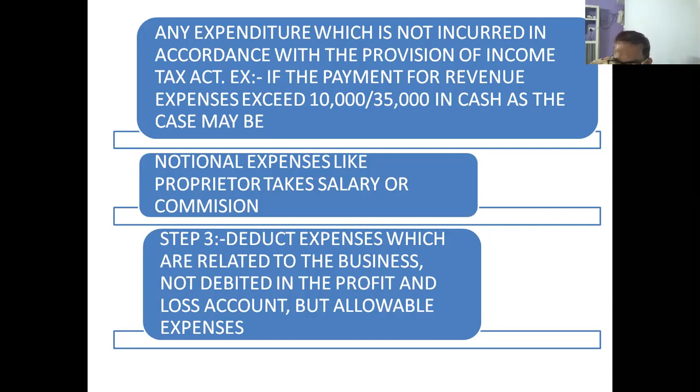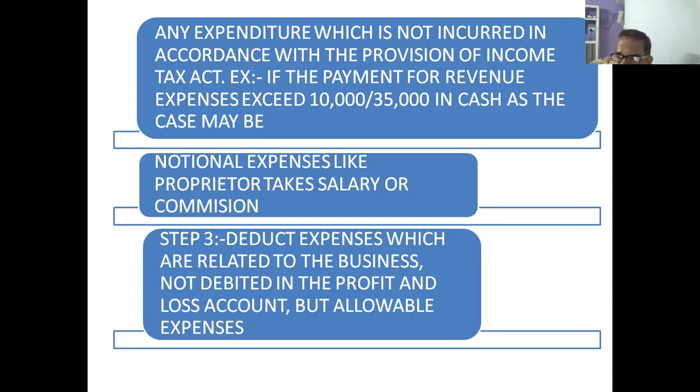So, repeating once again: any revenue expenses paid for purchase of goods exceeding 10,000, you have to pay by demand draft or account payee cheques only. Less than 10,000, you can pay in cash. More than 10,000, if paid in cash, the complete expenditure is disallowed.